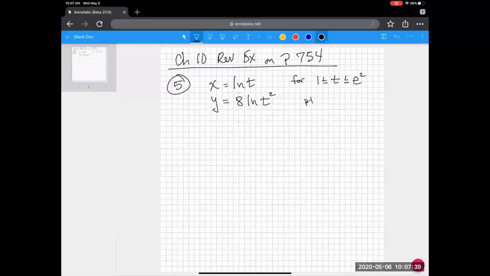And the point at which we're supposed to do the derivative, dy/dx, is at 1/16. Okay, so A, plot the curve and indicate the positive orientation.